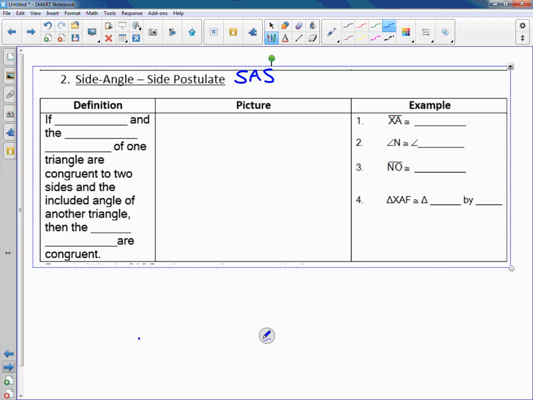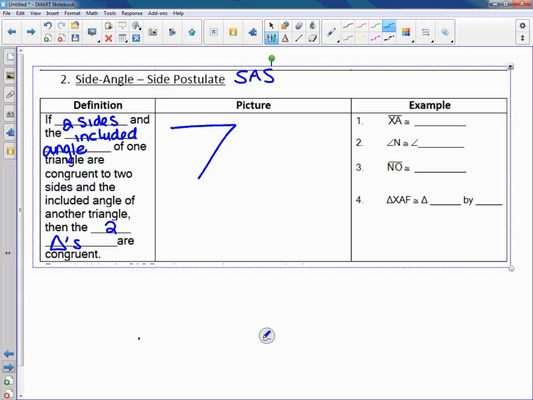So, if 2 sides and the included angle of one triangle are congruent to 2 sides and the included angle of another triangle, then the 2 triangles are congruent. Let's look at this picture.